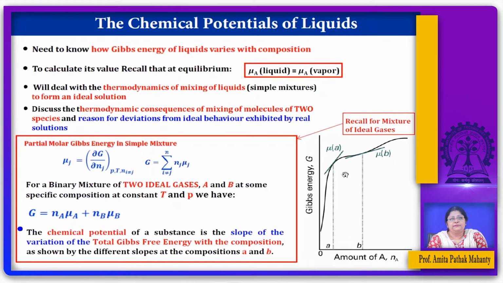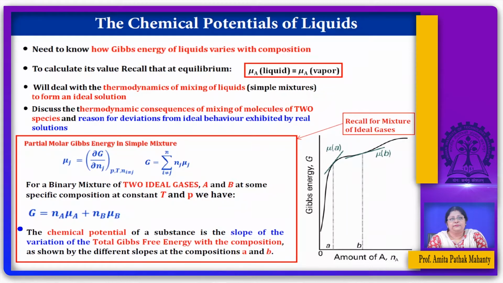Now we are going to apply these things to a liquid system, and the basic beginning of the lecture is this equilibrium, where we are equating the chemical potential of a species in the liquid phase to that of the vapor phase. So for a liquid system, first we are going to look into a solvent and a solute.